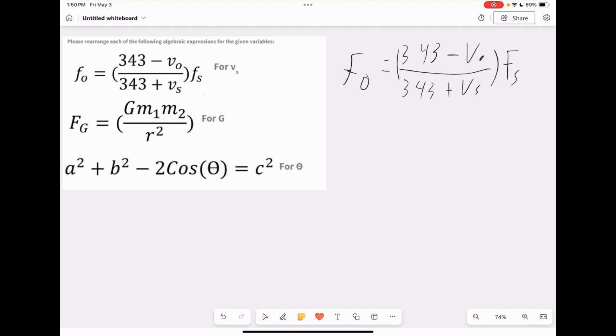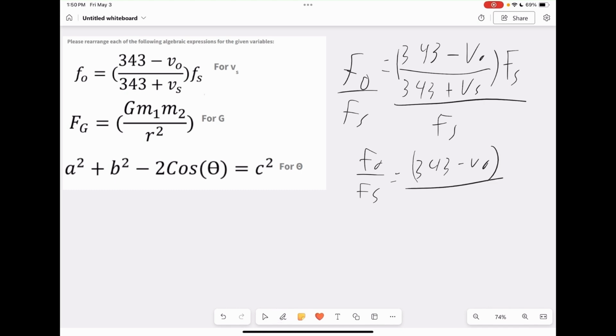Okay, so I'm going to go ahead and get rid of this Fs first. Do that by dividing both sides of the equation by Fs. I will then have F naught over Fs equals 343 minus V naught over 343 plus Vs.